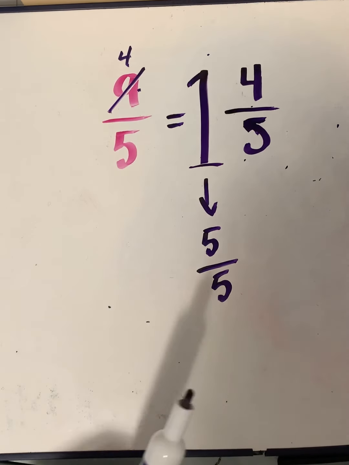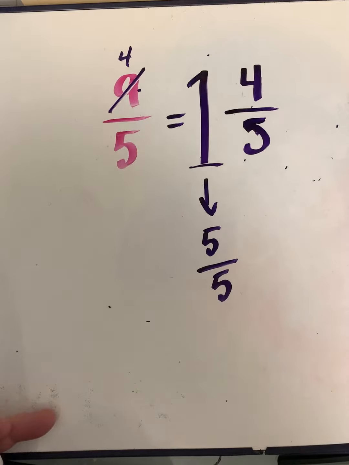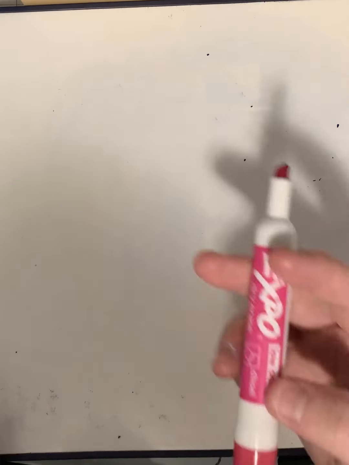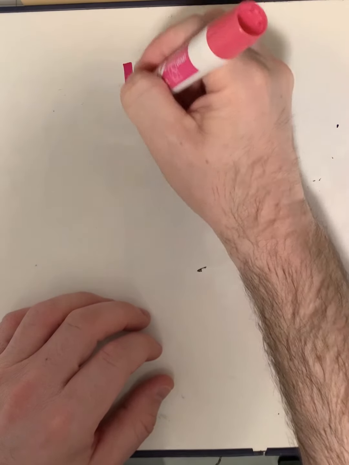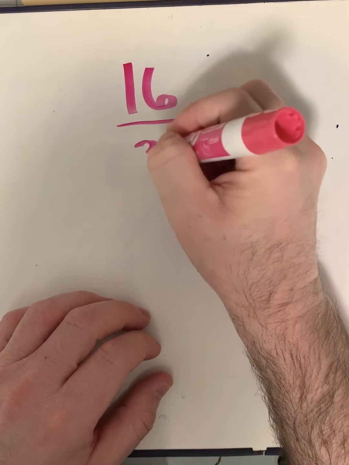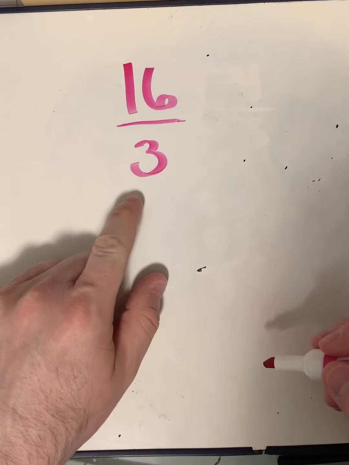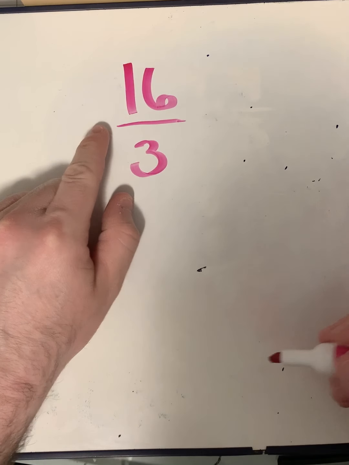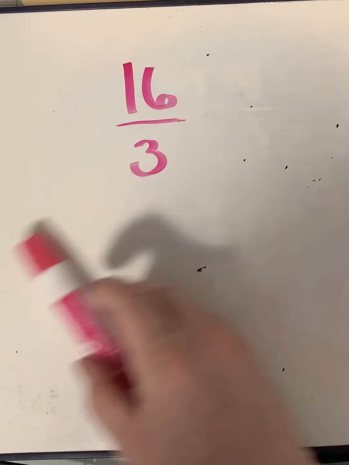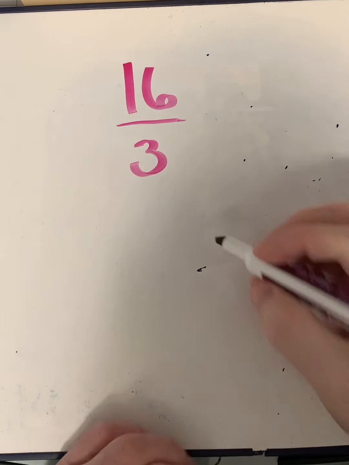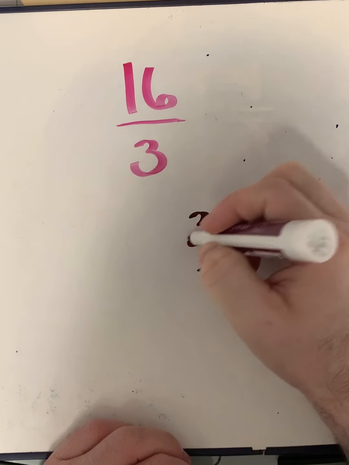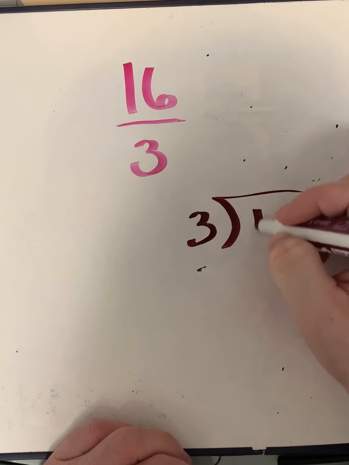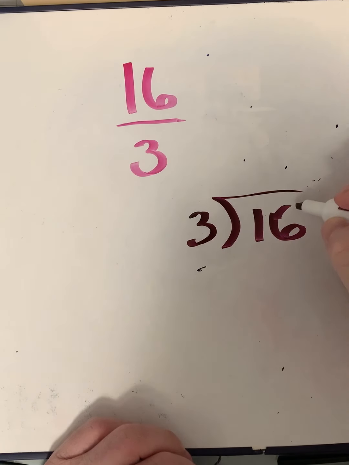Same thing if I were to ask you 16/3. I'm asking myself how many 3's go into 16. So I could write that out as long division, which I don't think is really done a lot anymore.